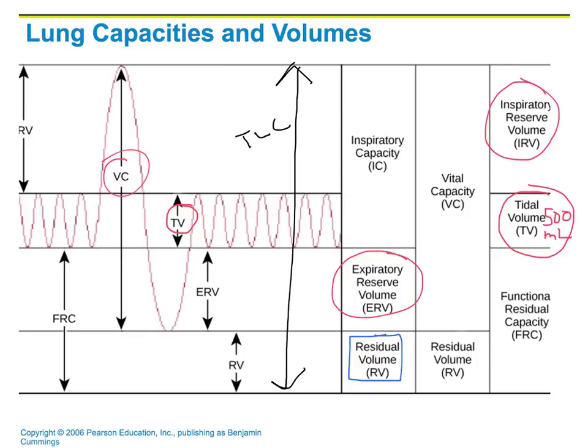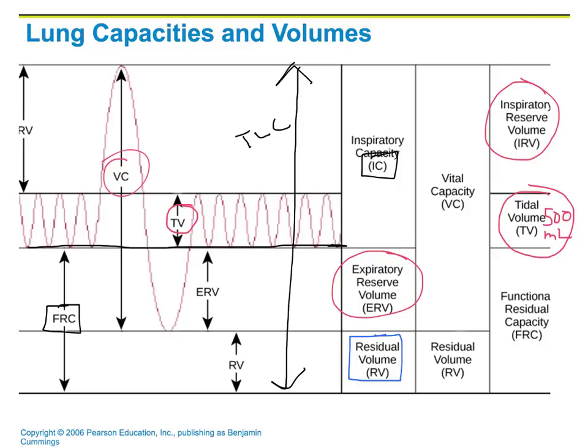The two that I said you have to spend maybe a little bit more time on are the functional residual capacity and the inspiratory capacity. Those are subsets of some of these other things we talked about. What to remember for both the IC and the FRC is both of these start at the bottom of the tidal volume down here.